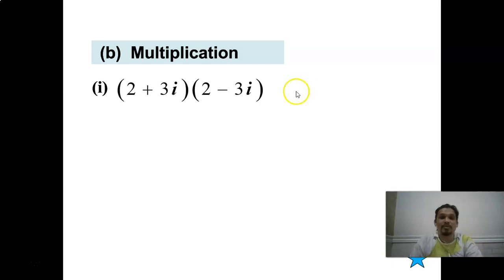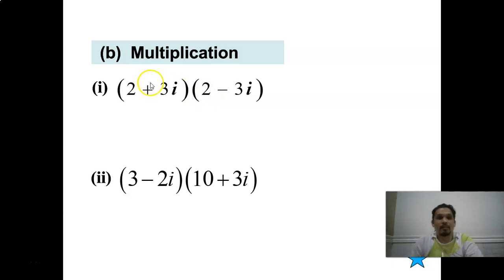Multiplication. For this one here now, first we multiply the real part with this one here, 2 times 2 equal to 4. Then 2 times negative 3i, equal to negative 6i. Then 3i times 2 equal to 6i.